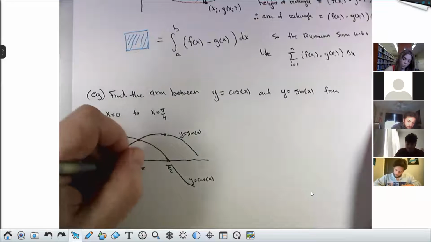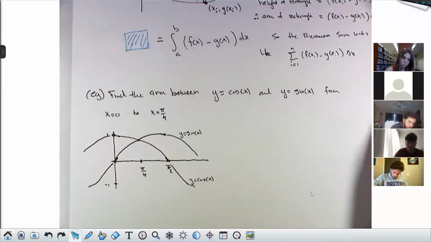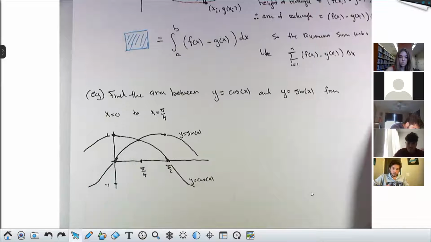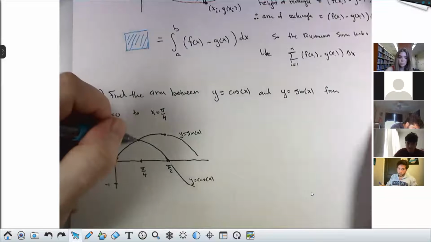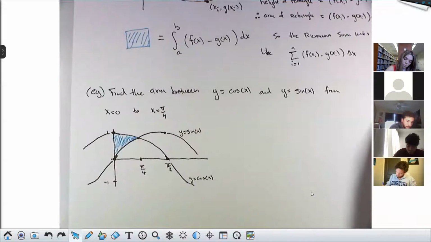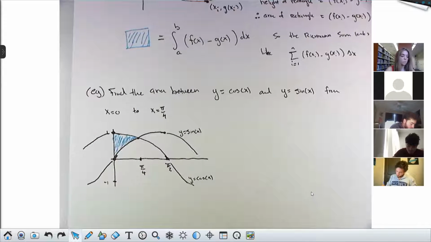And pi over 4 is the spot where sine and cosine are equal to each other. So the area between cosine and sine from 0 to pi over 4 is just this little piece. Everybody comfy with this?